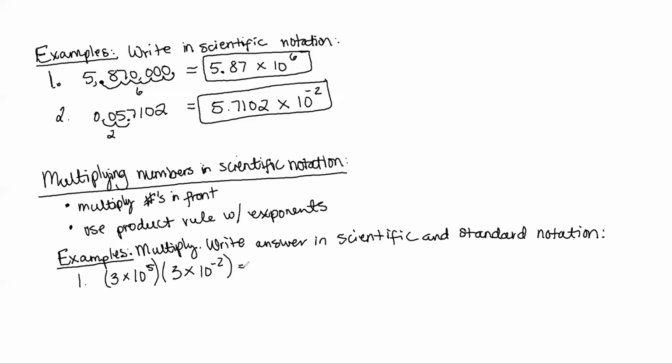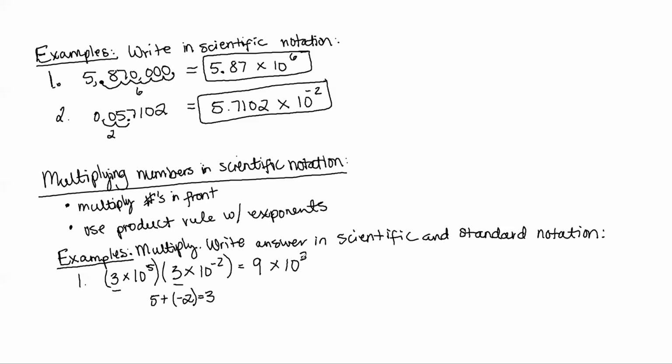All right, so now for this one, we're going to multiply the numbers in the front. So 3 times 3 is 9, times 10 to the, we're going to use our product rule and add the exponents. So 5 plus -2 is 3. And so we're going to have times 10 to the 3rd.